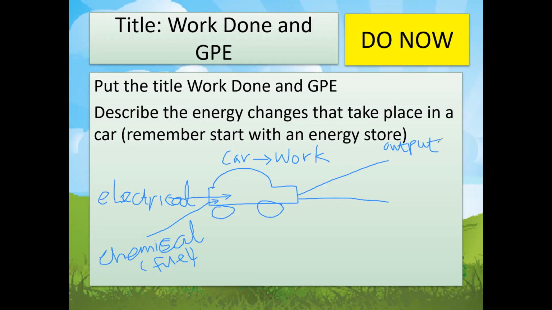Okay, so the output energies, we have a few of them, which we can have a look at. Can you guess which energies will come out? The car is in motion, right? So any object in motion, what sort of energy is coming out?